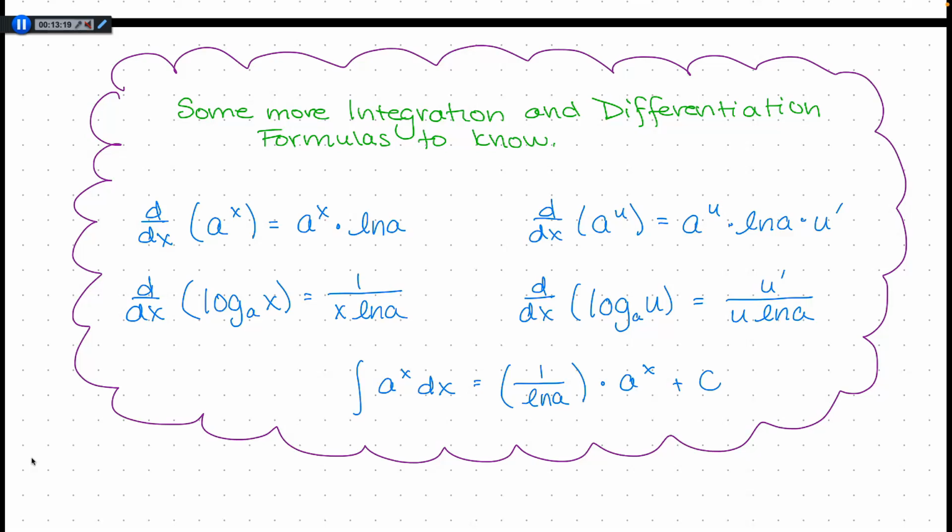But if we have something more in the exponent besides just an x, so in this case we have u, we have a function. You've got to use chain rule. So you will have to multiply by the derivative of that exponent. And it's just chain rule. And then the same thing in the next line. The left-hand side just has an x, but if it's not just an x in the argument, you will have to multiply by the derivative of that.